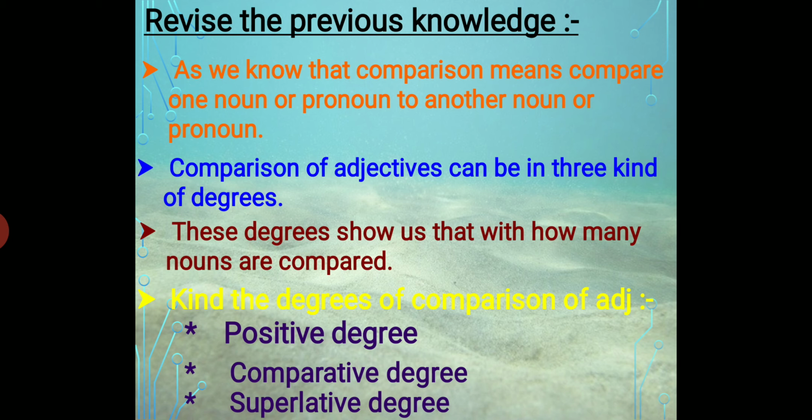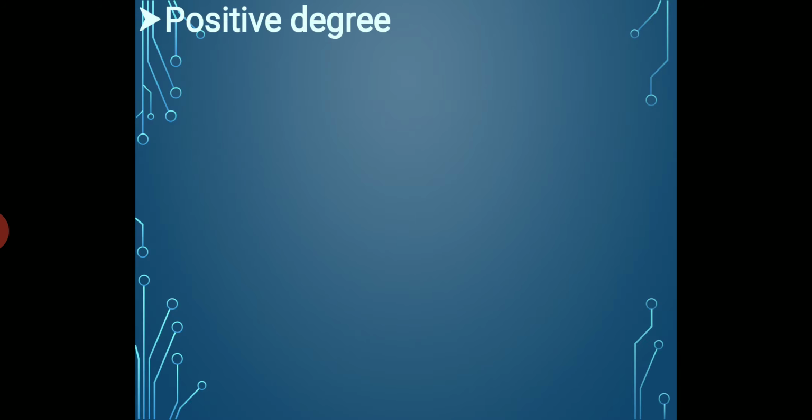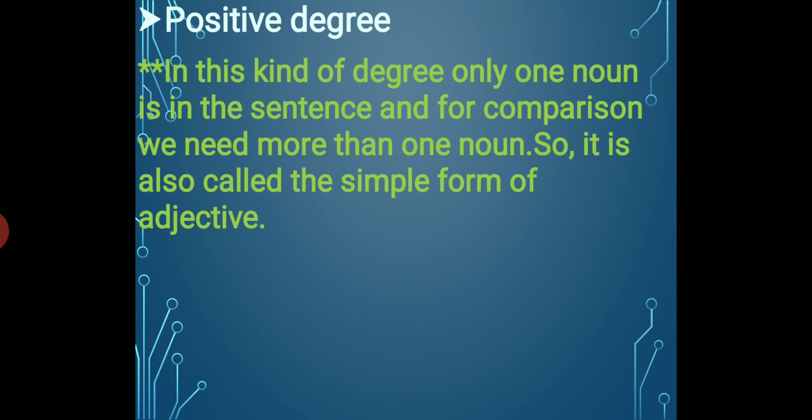Let's briefly revise all these three kinds of degrees. First of all, the positive degree. In this kind of degree, only one noun is in the sentence, and for comparison, we need more than one noun.